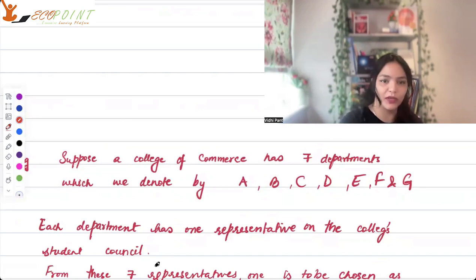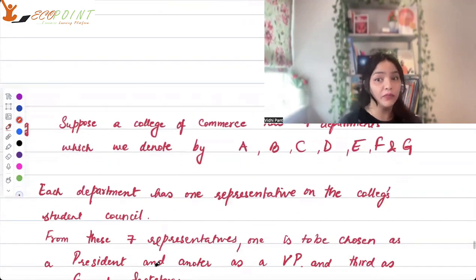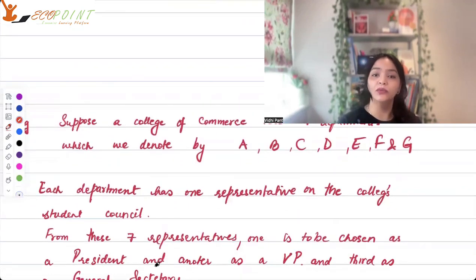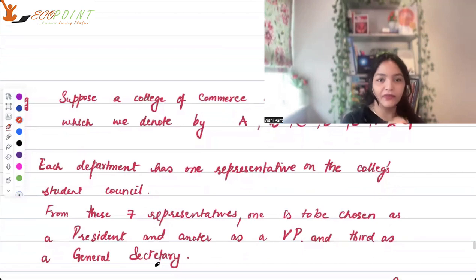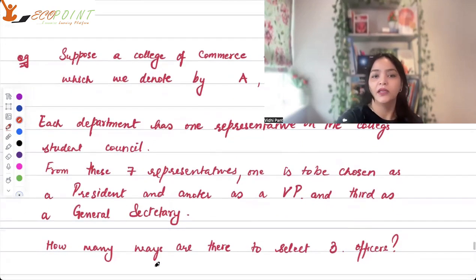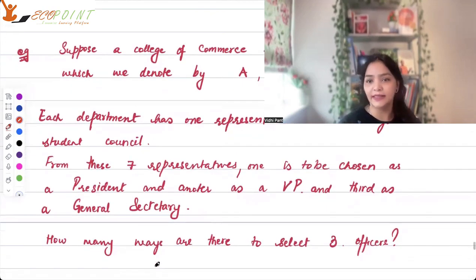From these 7 representatives, you will have to choose a president, a vice president, and a general secretary. In how many ways can this be selected?